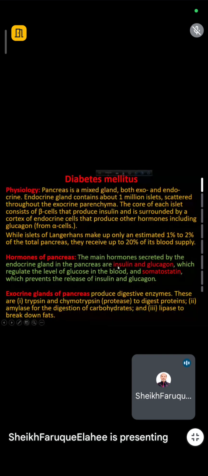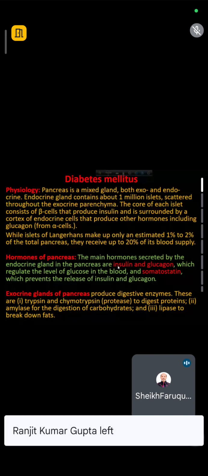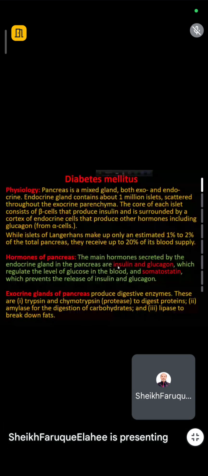What is the function of insulin? Insulin will stimulate our cells of the body, particularly the muscles, to utilize more and more glucose. So blood will be having less glucose because insulin is sending the glucose into the muscle cell.